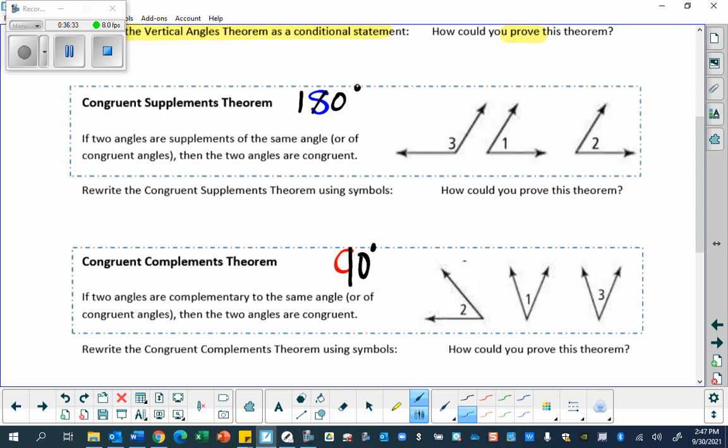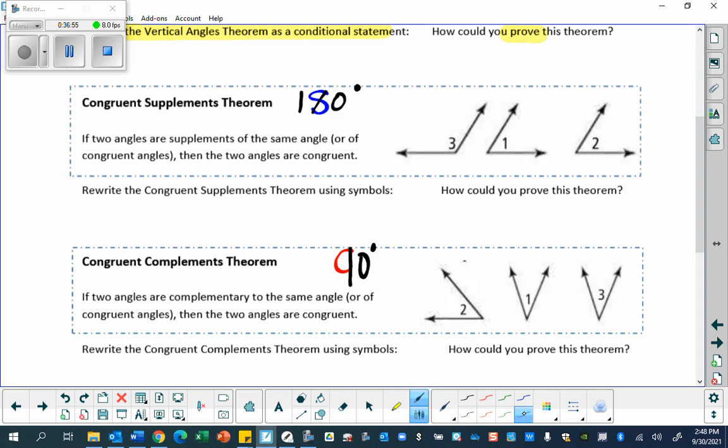But it totally makes sense when you look at this that if two angles are supplements of the same angle or of congruent angles, then those angles are going to be congruent. And it's interesting how we can think about proving each of these sentences. So let's go ahead and take a look at the congruent supplements theorem.